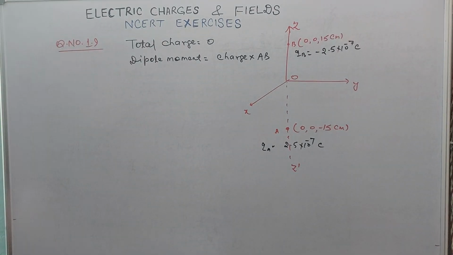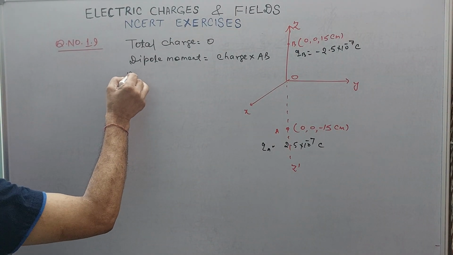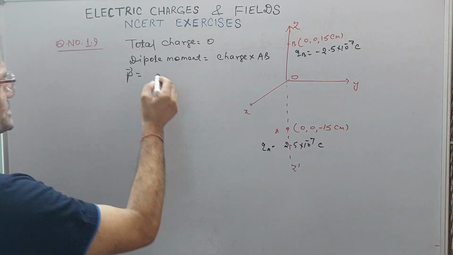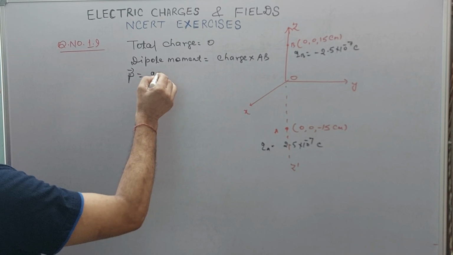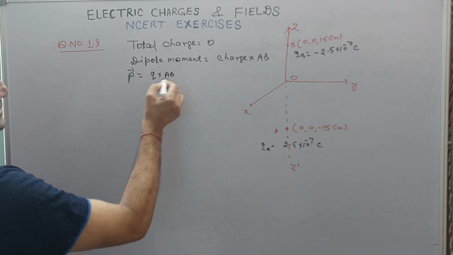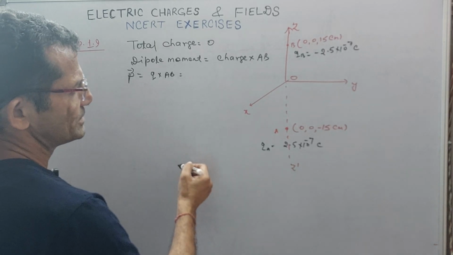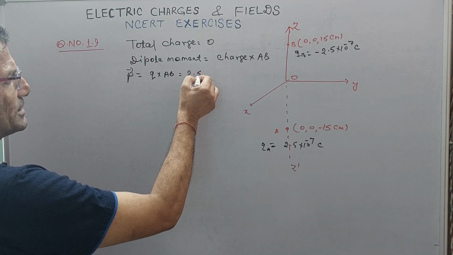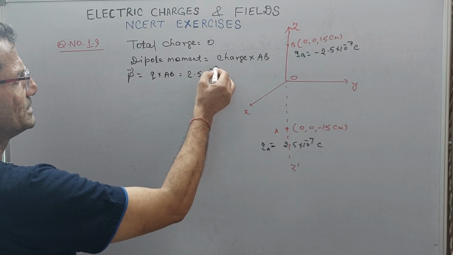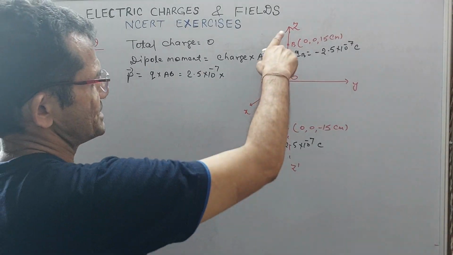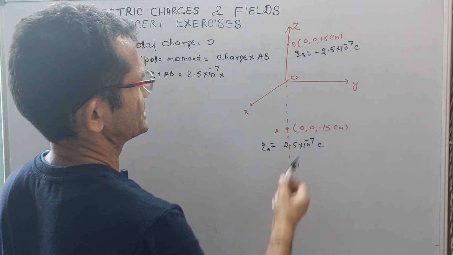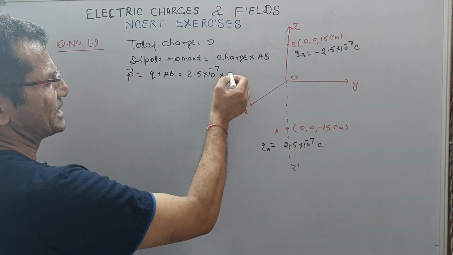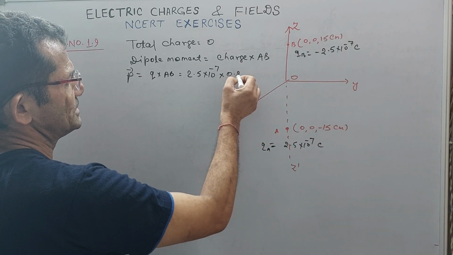We write the dipole moment in vector format as P. So here it is Q into AB, the distance between them. Here the charge is 2.5 into 10 raised to the power minus 7, multiplied by the distance between them, which is 15 centimeter and 15 centimeter. Total will be 30 centimeter. 30 converts into meter, 0.30.